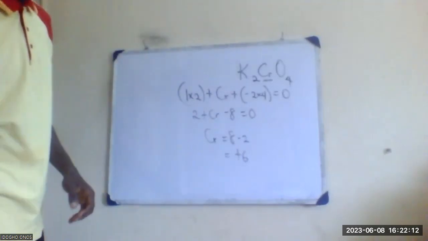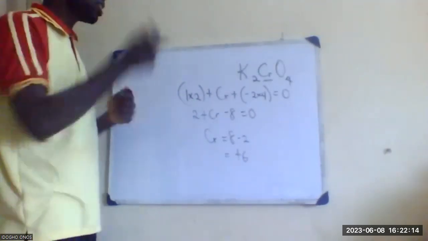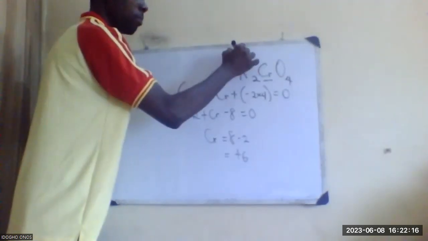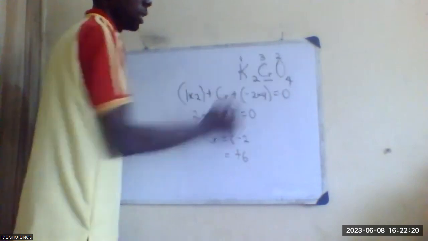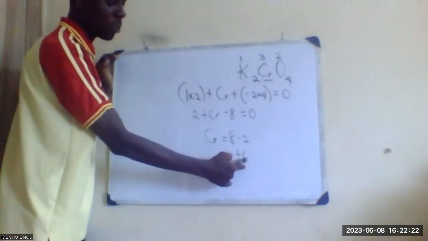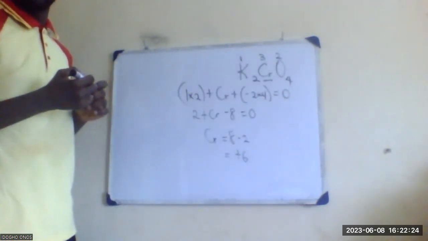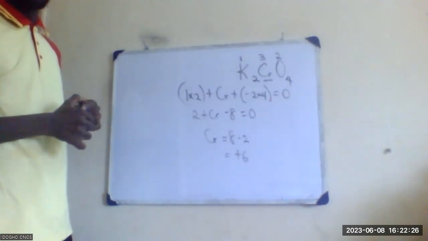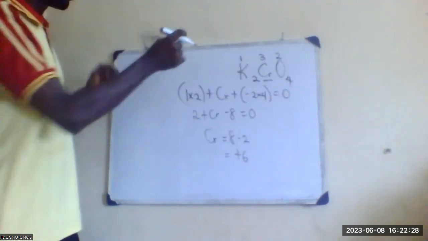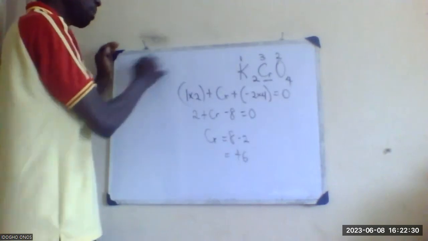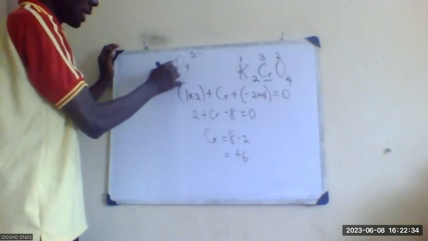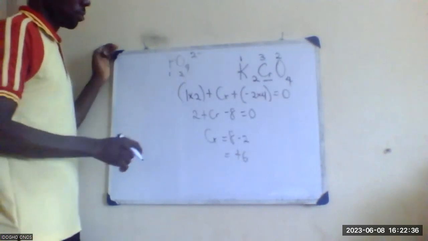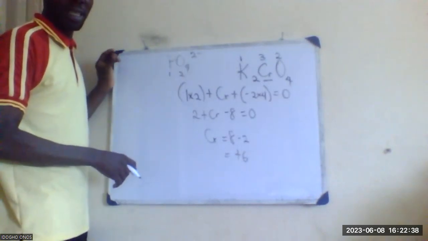So this inorganic compound has how many elements? 3 elements. Good. So when we have 3 elements, you name 1, 2, then 3, with the attachment of the oxidation number to it. For example, if I have PO4 2 minus, I will name 1, 2. Is that correct?